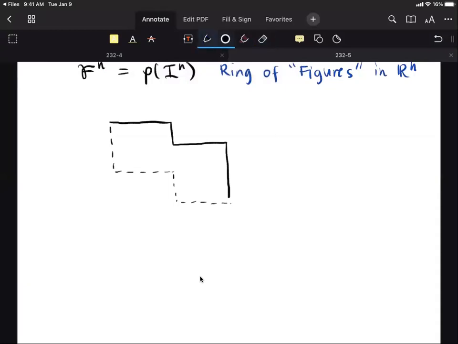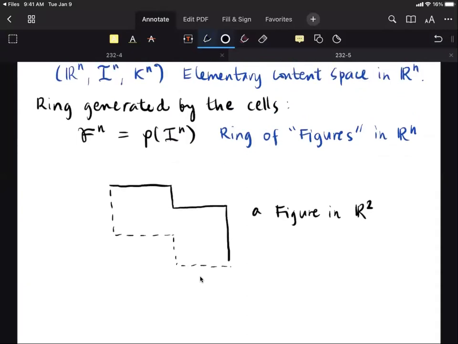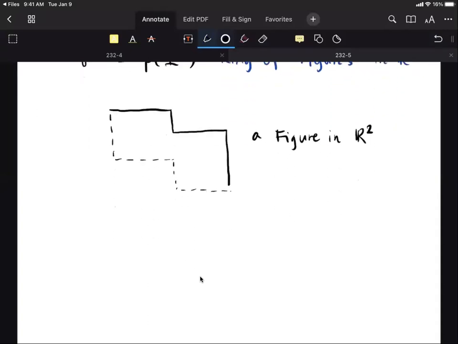So this would be an example of a figure in R2. So basically a combination of cells in R2, in this example. Okay, so you can, of course, extend this by adding more cells.